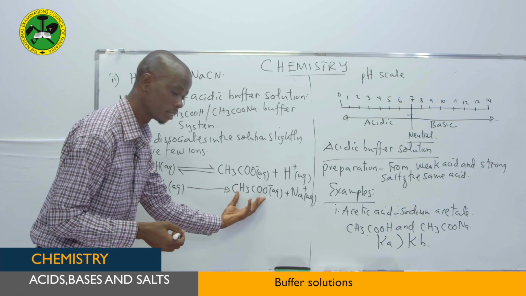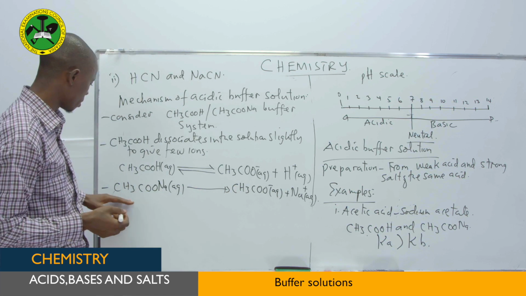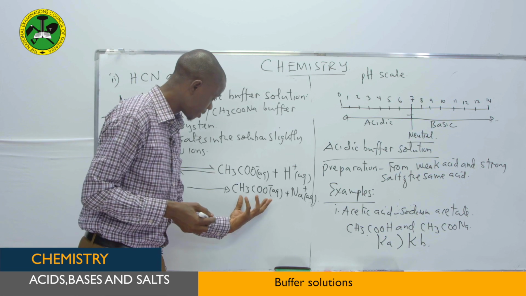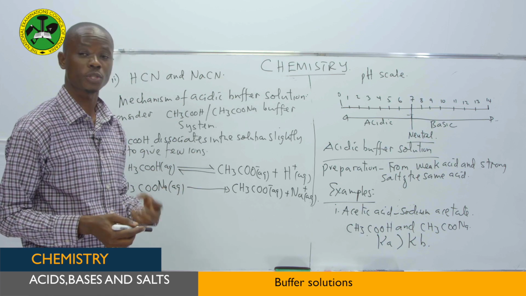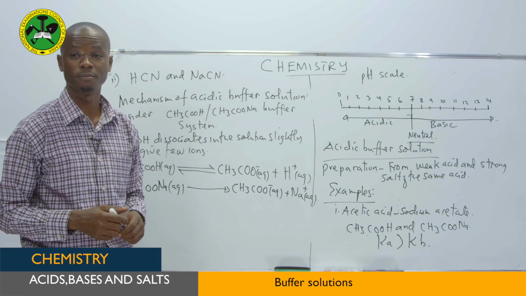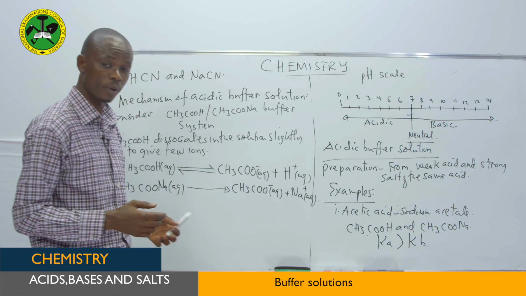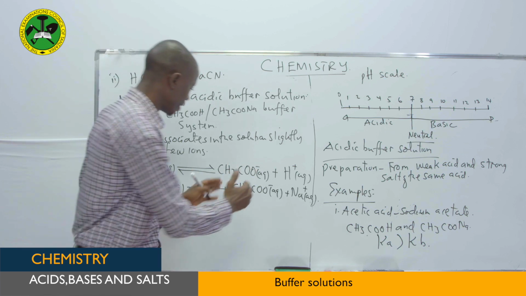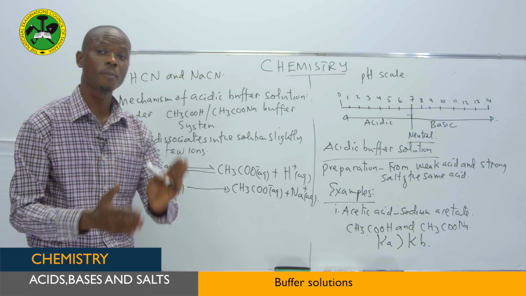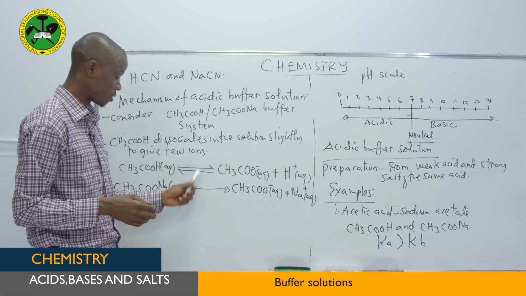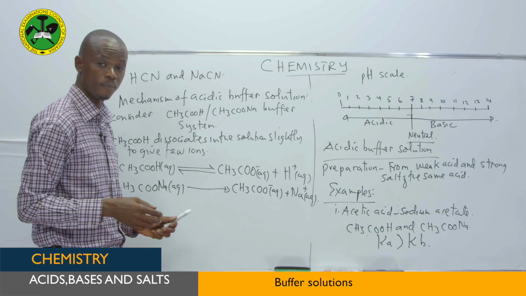After these ions are produced by this strong salt, the acetate ions will disturb the concentration of the acetate ion in the solution. Why? Because already the acetate ions were present in the solution. But addition of these ones will disturb the equilibrium. If you remember, I told you that there is equilibrium, and as you can see, there is equilibrium here.